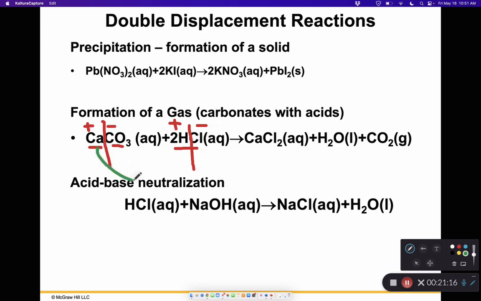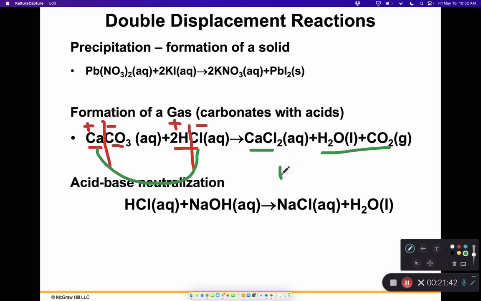So calcium will be attracted towards the chloride, make a bond, make a compound calcium chloride. In the solution will be left H and CO3, which will make H2CO3, and that H2CO3 is not stable in the aqueous form, and then it will further break down into water and CO2.